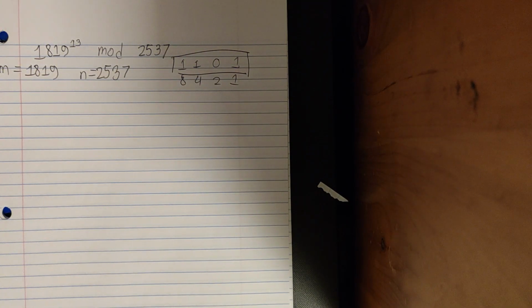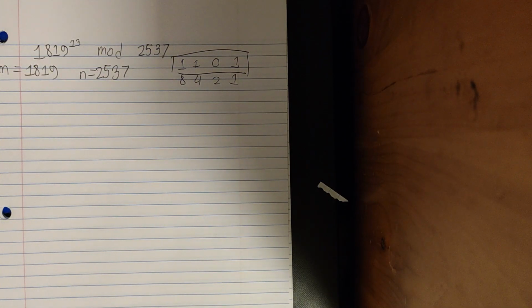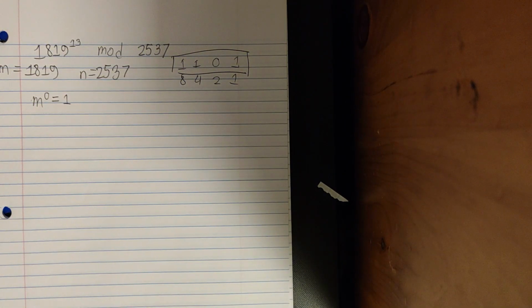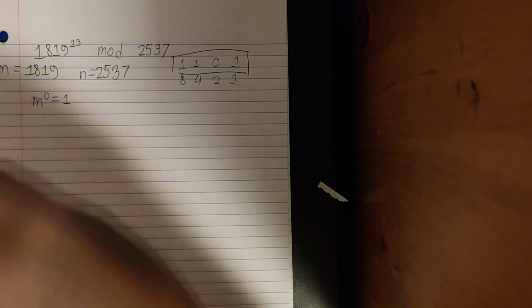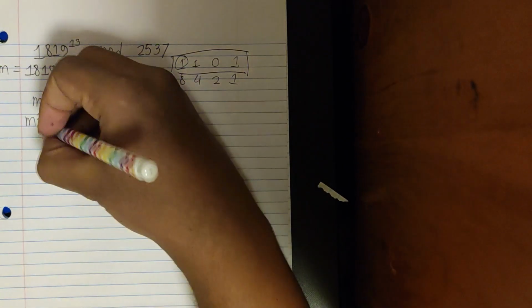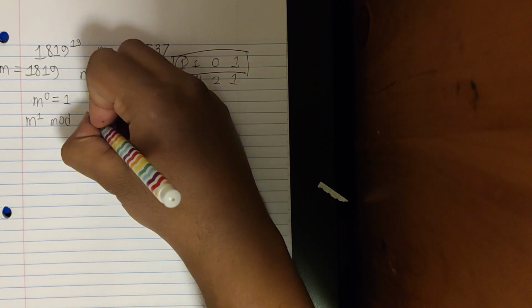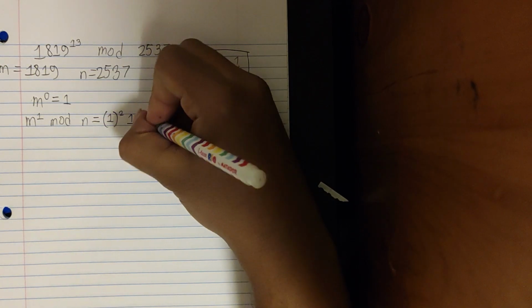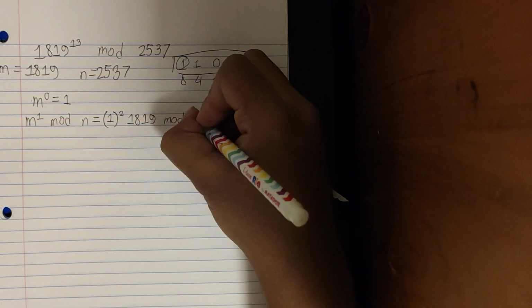Now, to solve this seemingly impossible thing, first we'll take m to the power 0 equals 1. Then we'll go from left to right. We take the first one here: m to the power 1 mod n. For this, we take 1 square times m, which is 1819 mod n.